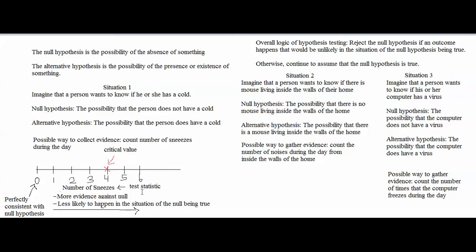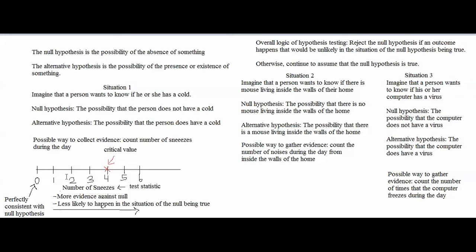So I said that the test statistic is the value that shows the amount of evidence that you have against the null hypothesis. So a test statistic of 0 means you have no evidence against the null hypothesis. If I sneeze 0 times, I have no evidence against this possibility of the null. In other words, I have no reason to think that I have a cold.